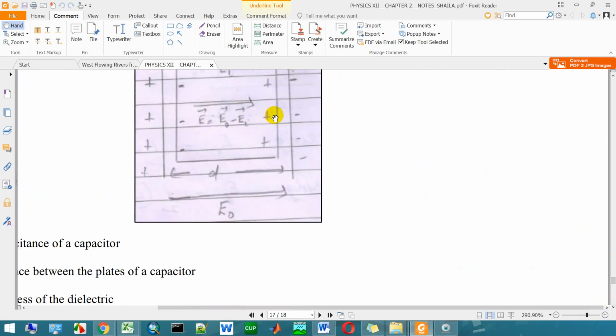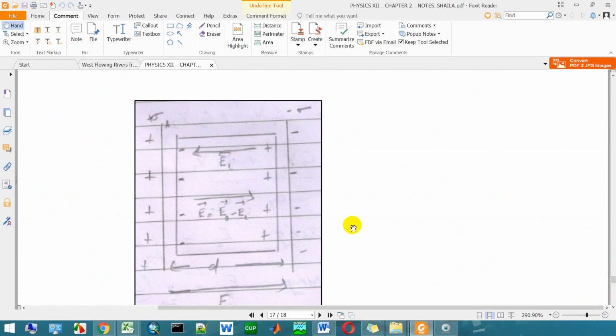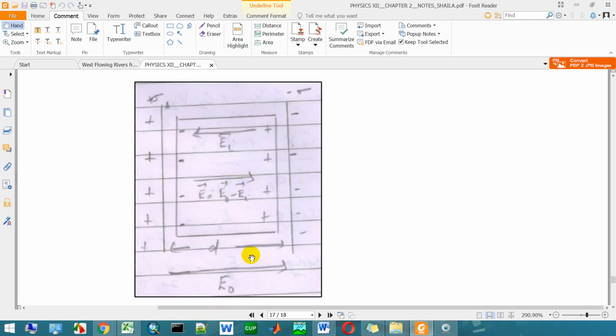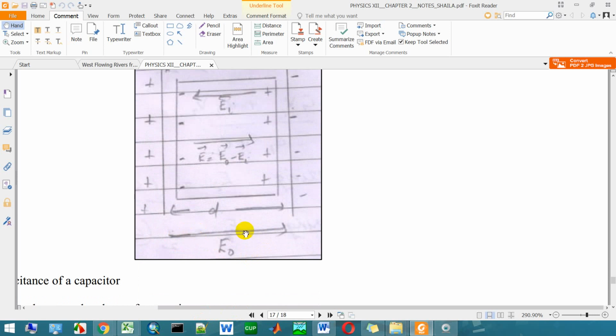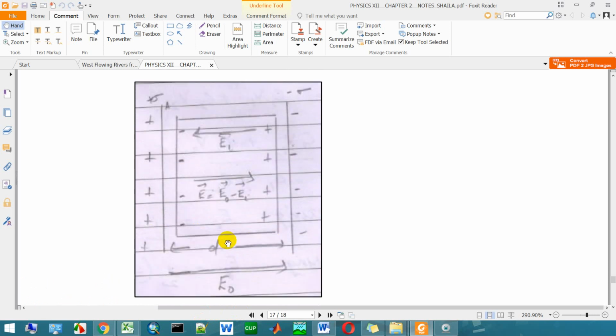See, this is the parallel plate capacitor with plus sigma on the first plate, minus sigma on the second plate, d the distance between the two plates, and small t is the thickness of the dielectric. E naught is the external electric field. It is directed from positive to negative.